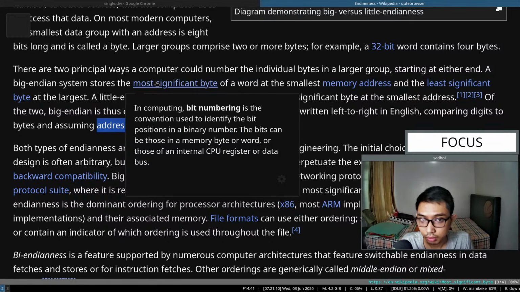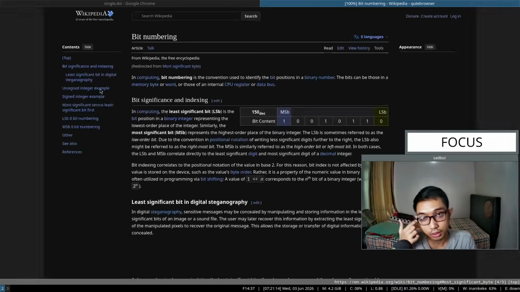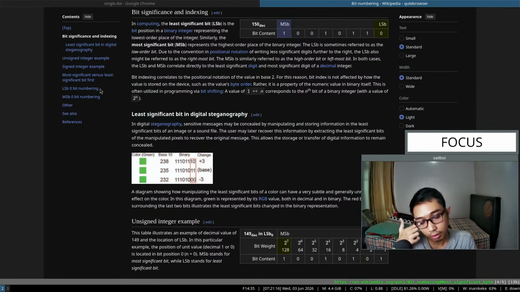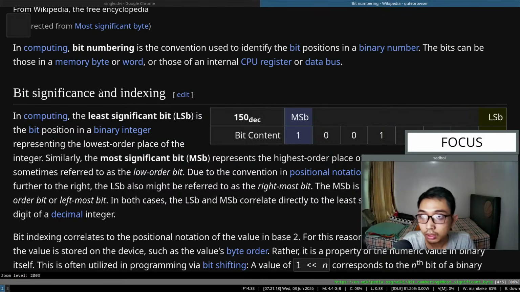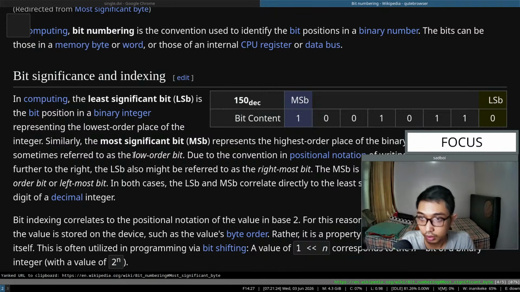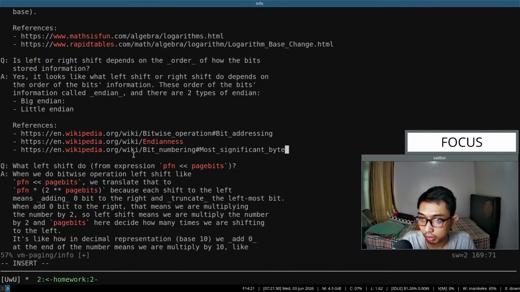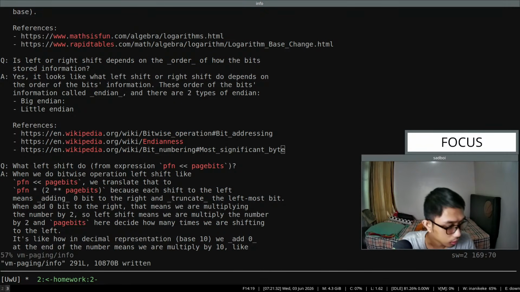Most significant byte. Let me check this. Bit significance and indexing. Wait a minute. Let me put this in here, and let me put this in the chat too.